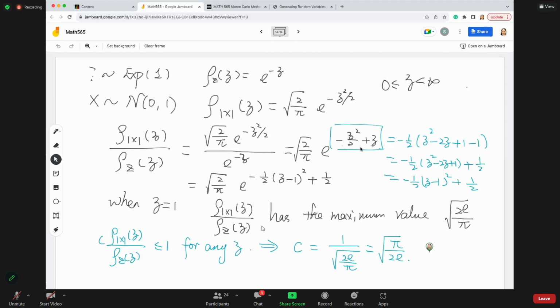And of course this one is less than 1. Is that okay? Sorry, when z is 1, this has the maximum value.